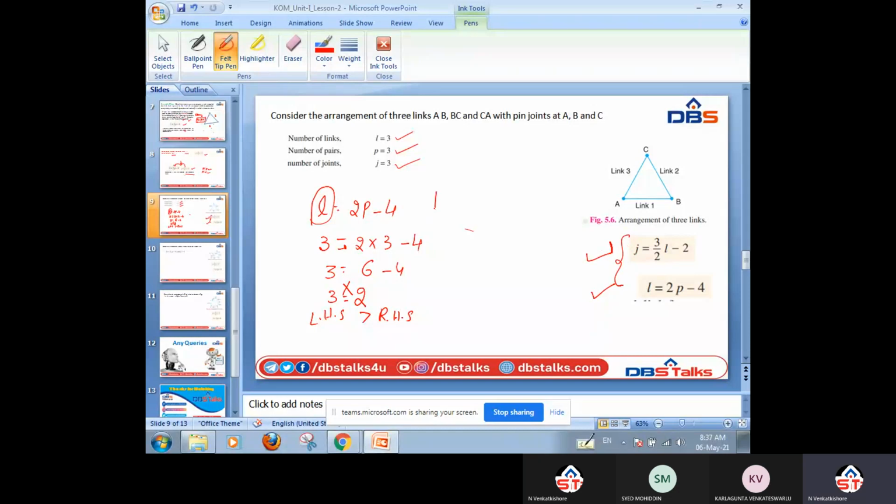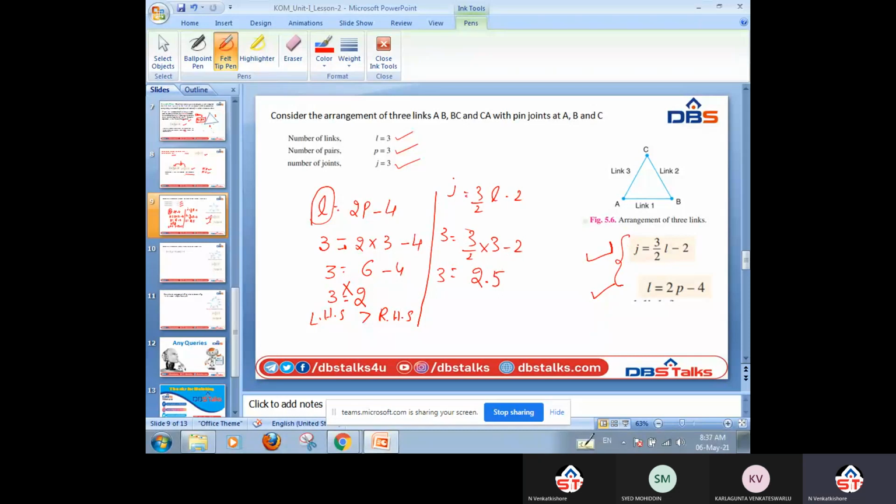At the same time, we need to calculate another value also. J is equal to 3 by 2 L minus 2. How many joints? 3. How many links? 3. So 3 by 2 into 3 minus 2 is 2.5.